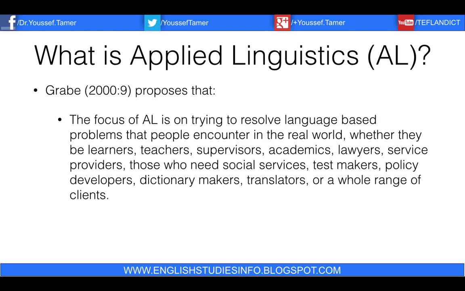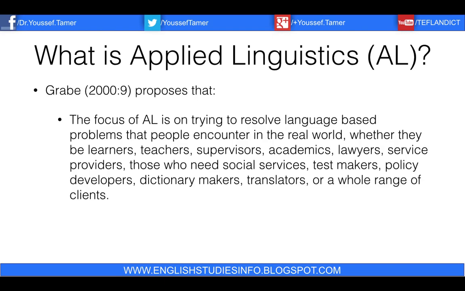But applied linguistics tries to resolve language-based problems that people encounter in the real world, whether they be learners. These people can be the learners. They face problems related to their learning in terms of language. Teachers, supervisors, academics, lawyers, service providers, those who need social services, test makers, policy developers, dictionary makers, translators, or a whole range of other clients.